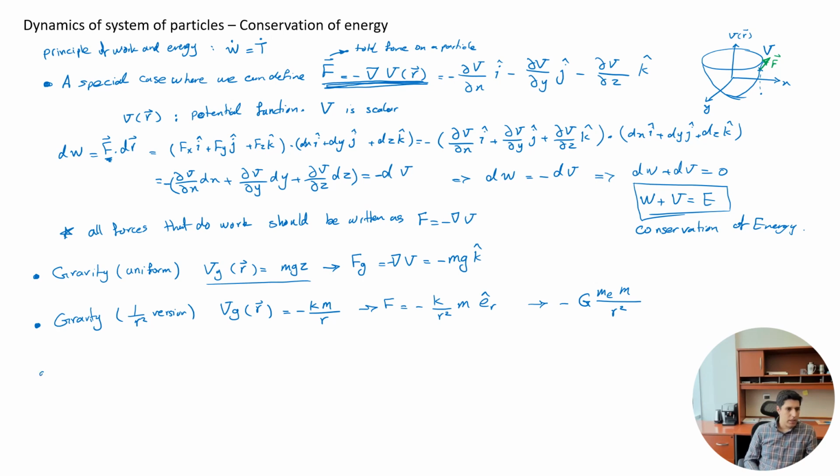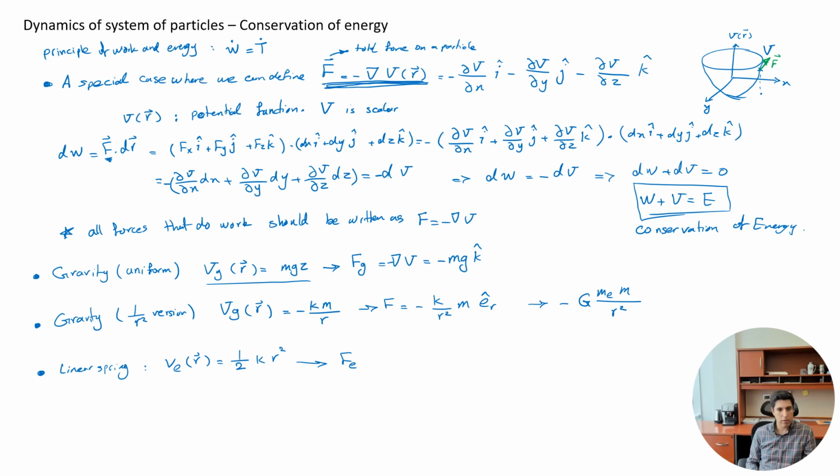And the last familiar one I have here is the elastic or linear spring. I can write the potential function of position to be 1/2 k r squared. Again, r is the distance from the center, so the polar or cylindrical frame.